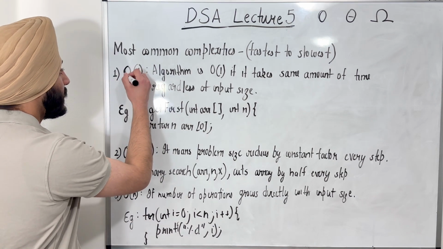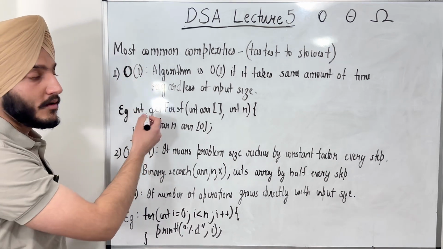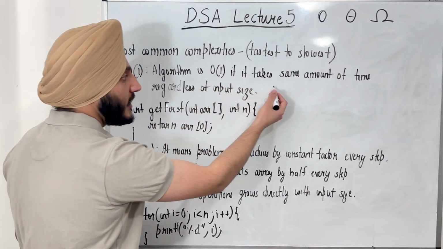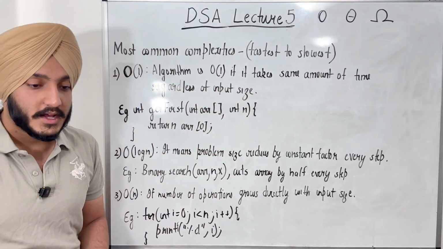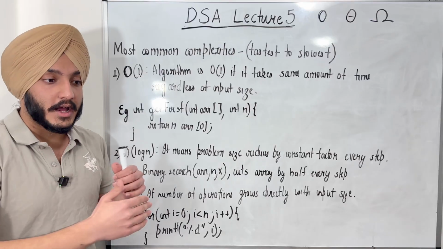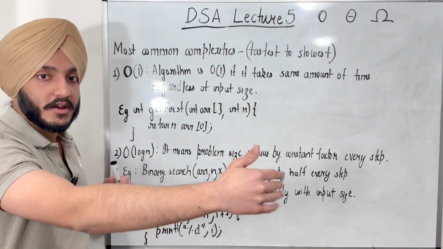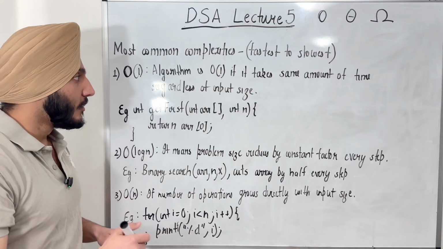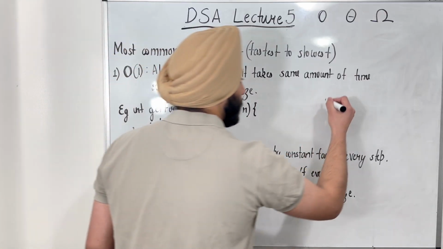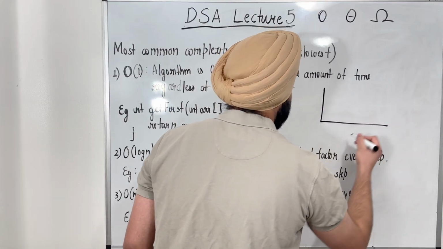The first one, which is the fastest one, is O(1). An algorithm is O(1) if it takes the same amount of time regardless of the input size. What this means is that it doesn't matter if the size of my input increases, the algorithm will still take constant time. Let's say you have this graph.